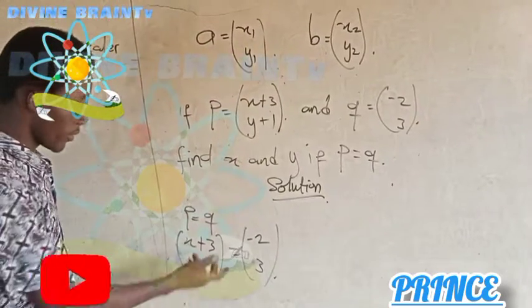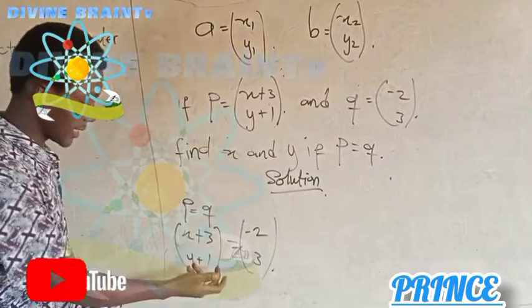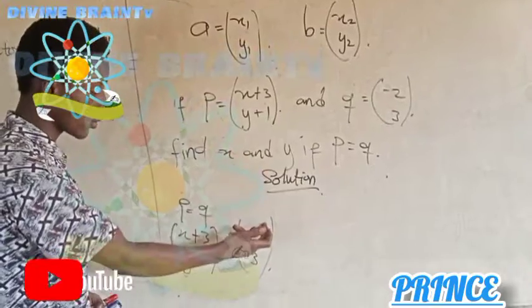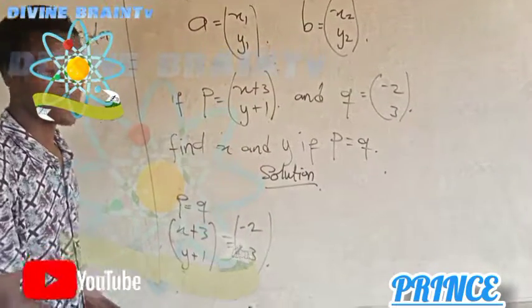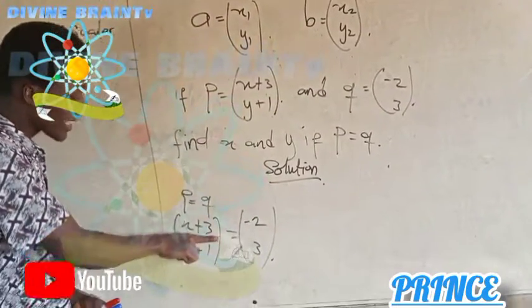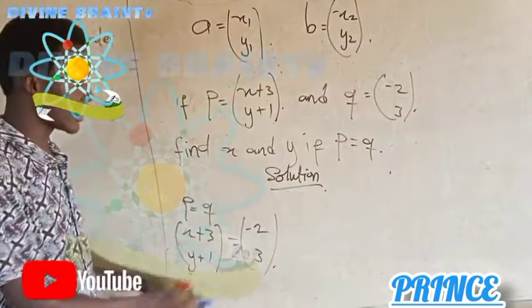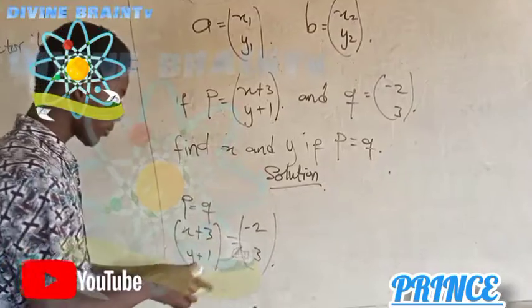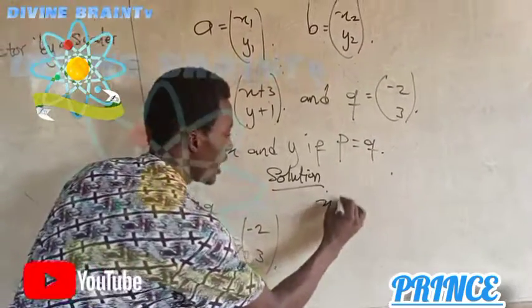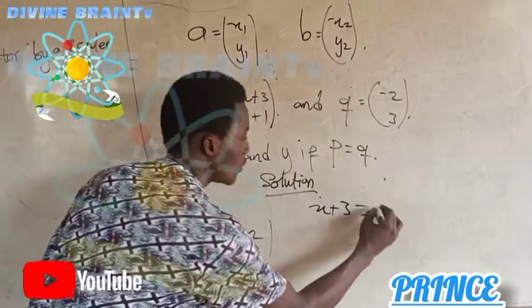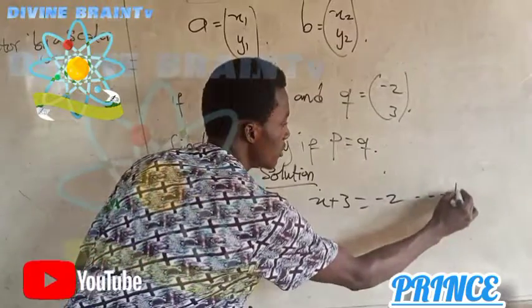For example, this is our x component, this is our y component, this is the x component, this is the y component. Therefore, we write this and equate it to its corresponding component of the other vector, like this. x plus 3 is equal to minus 2. Equation 1.